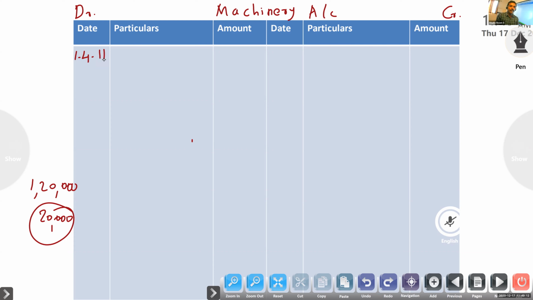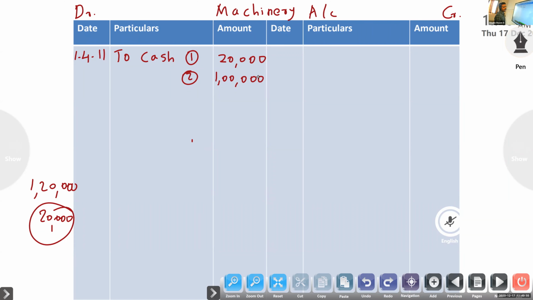One thing you have to remember, if out of 1,20,000 only 20,000 original cost we are selling, we will make it separate. Purchase, to cash, first one 20,000, second one 1 lakh. Then it will be easy for you to calculate profit or loss.